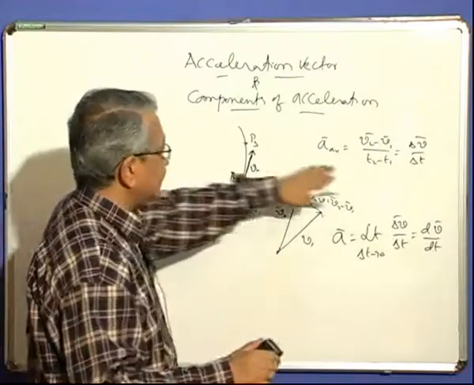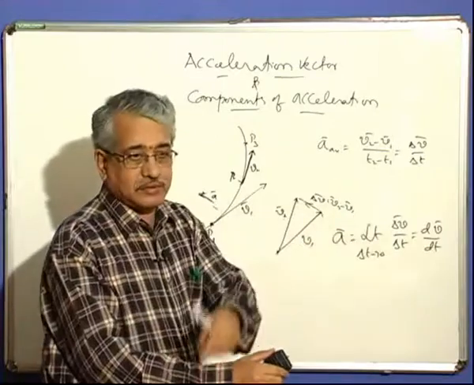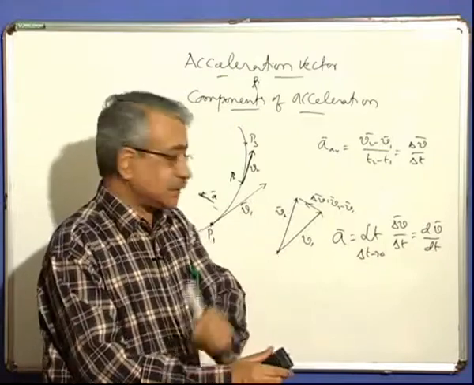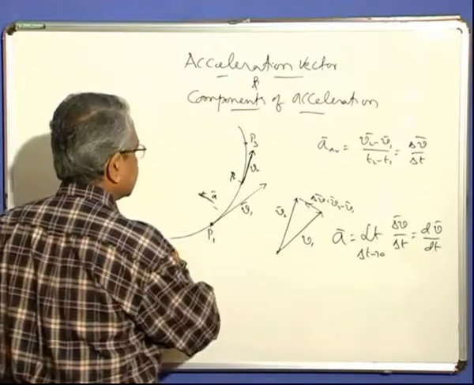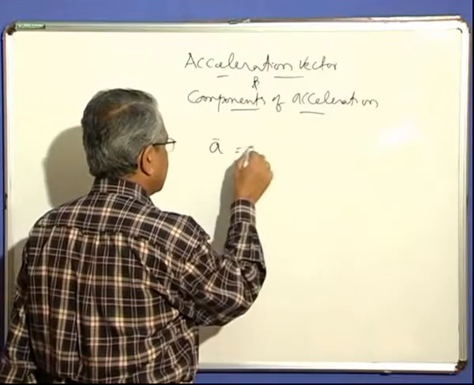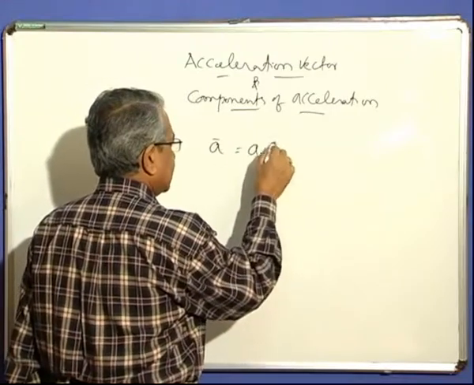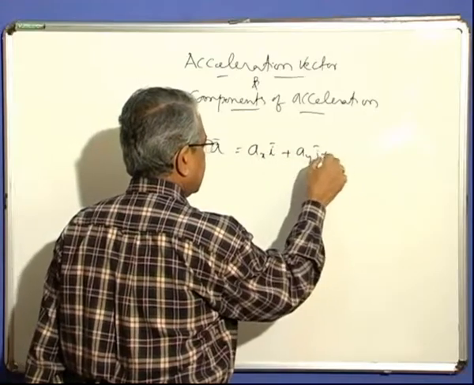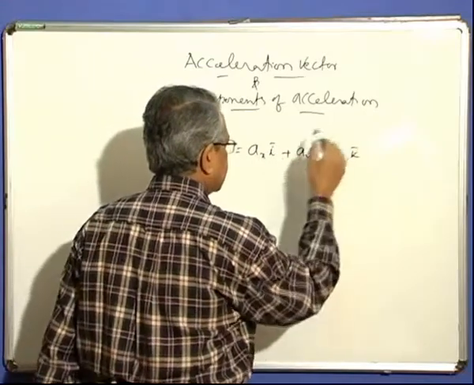The acceleration being a vector quantity, it can have components. We can represent the acceleration in terms of the components also. So coming to that, we can represent the acceleration vector in 3 components: ax i plus ay j plus az k.